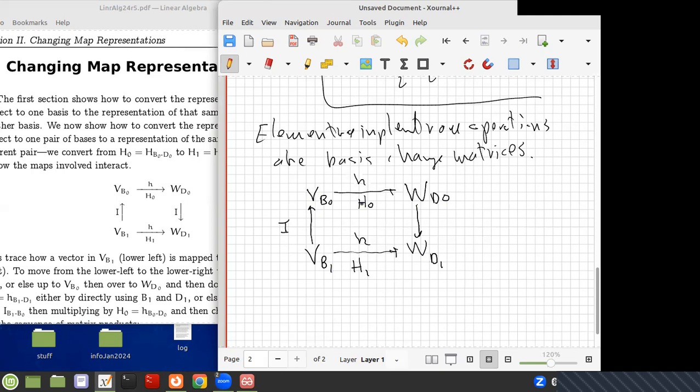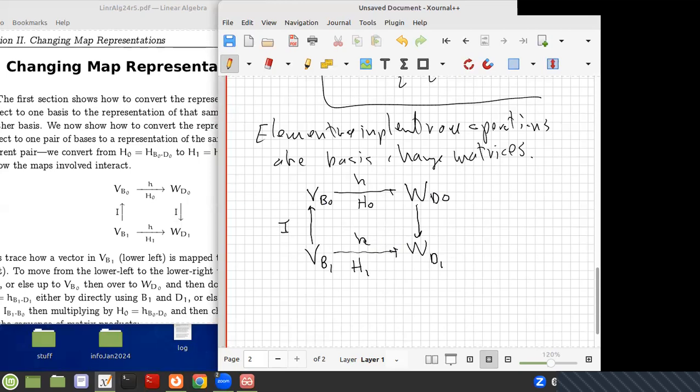H0 is the representation of H between the same vector spaces with different bases, right? So each representation has a pair of bases. This one has domain basis B1, codomain basis D1. H0 has domain basis B0, codomain basis D0, right?